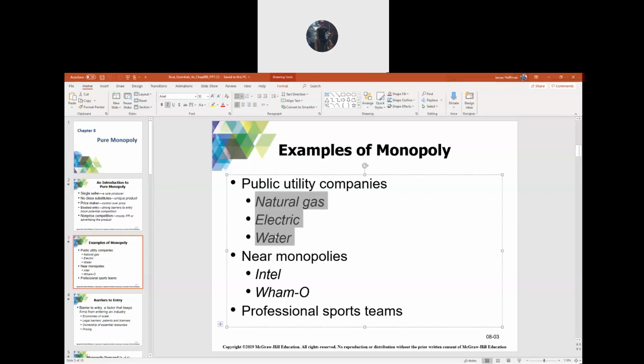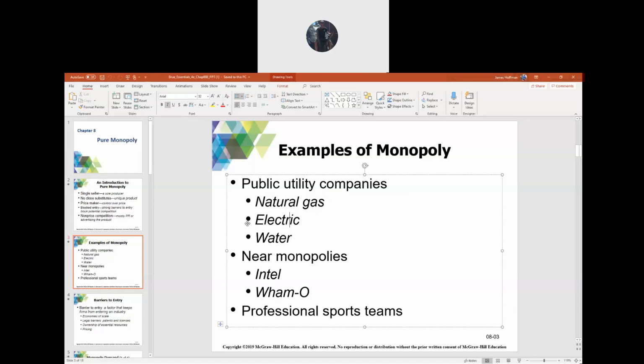The reason they're monopolies is because when you get your electrical service, or gas service, or water service, or trash service, you only have one option to go through. They're the only provider. So you can't really shop around for these types of services, and because you can only buy from one firm, they own the whole market and they're a monopoly.